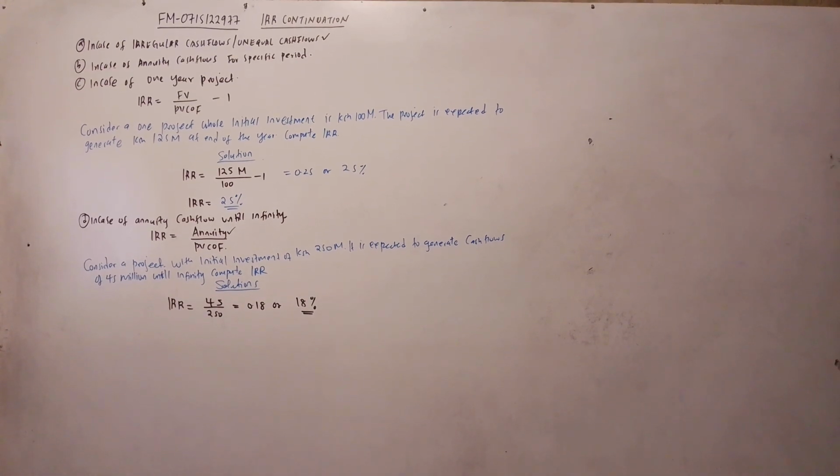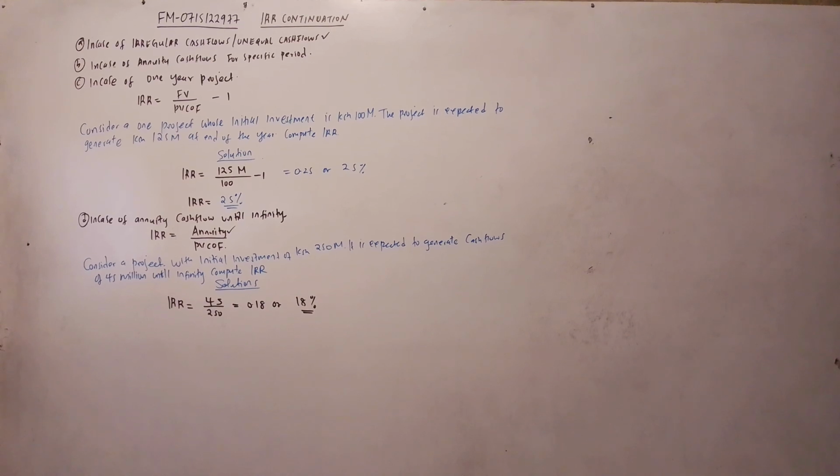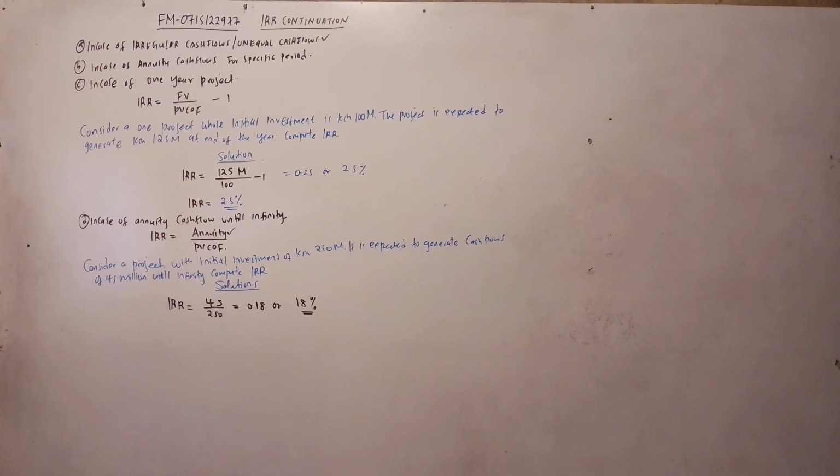So let us introduce now capital rationing. And remember capital rationing, we shall use the concept of PI. So when you talk about capital rationing, it refers to a situation where there is scarcity or limitation of investment fund to undertake all the viable projects.